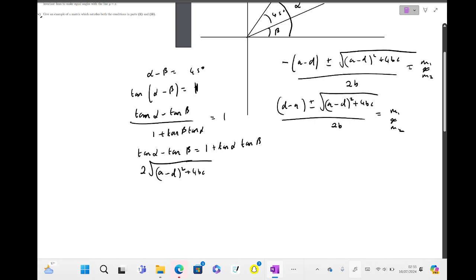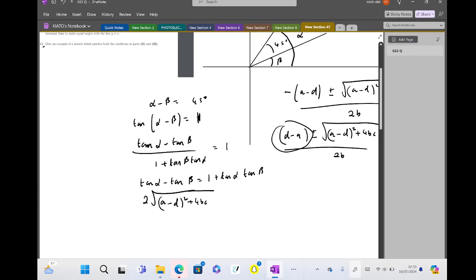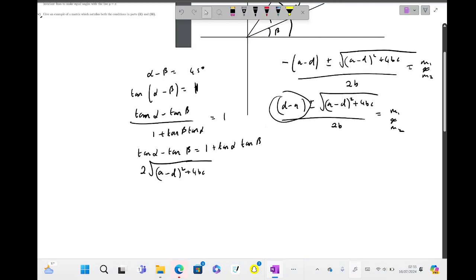I'm not really going to work it out because it'll take up a lot of space on the page, but you can try it yourself. You'll see that it cancels because it'll just be the positive root minus the negative root, but the negatives will make a positive, and this term here will end up cancelling. It'll just end up cancelling, and will be equal to 1 plus tangent alpha tangent beta.